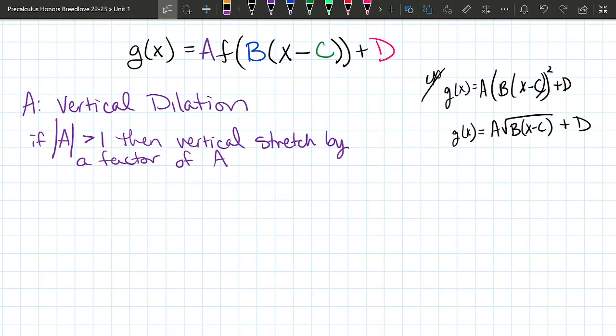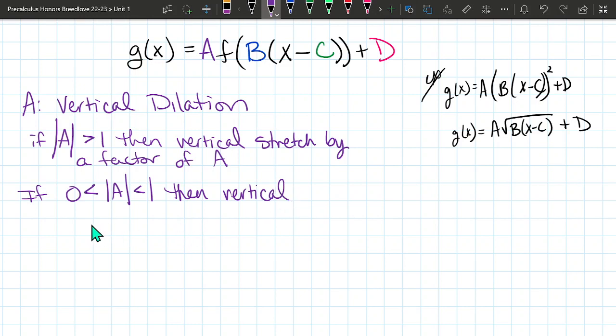And then if we have 0 less than the absolute value of a less than 1, so if the absolute value of a, the positive version of a, is between 0 and 1, that tells you have a vertical compression, by a factor of 1 over a.